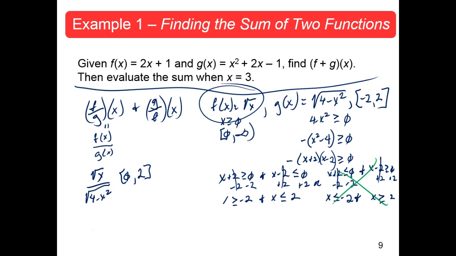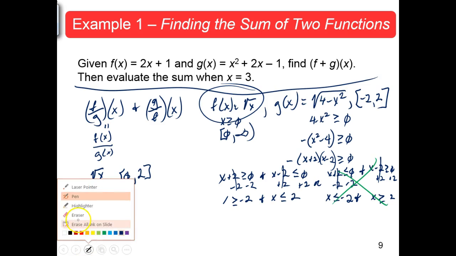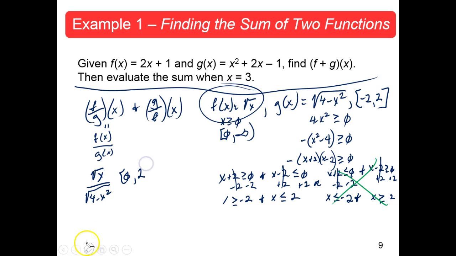And remember, before we did allow zeros, right? Now we can't allow 0. What would make this 0? If you plugged in 2. So now we have to disallow 2, which means we take off the bracket and put in a parenthesis. Okay? Now there's our domain for the quotient function.